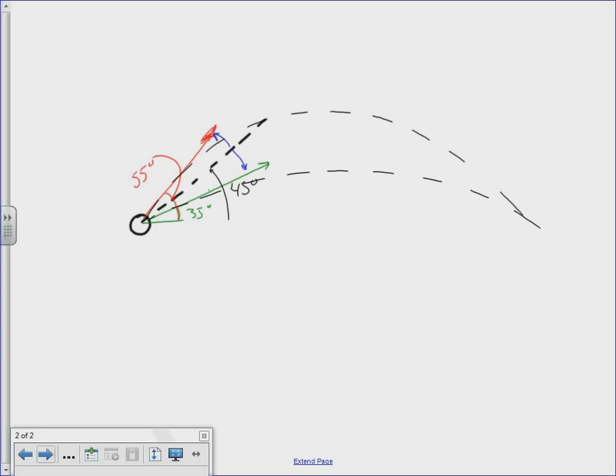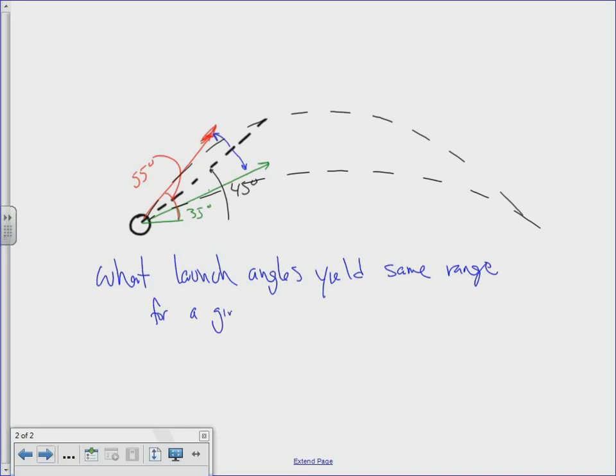All right, so one way to express the answer to that question is to say, well, angles equally far from 45 degrees, right? 10 degrees less, 10 degrees more.